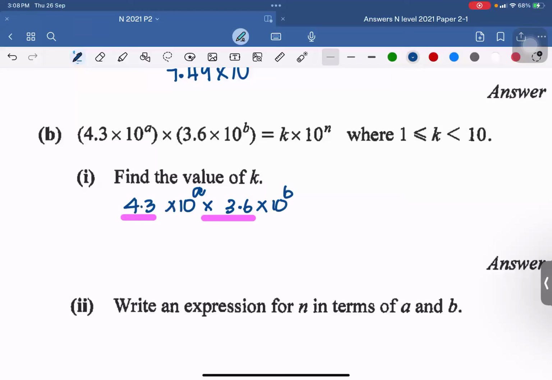Can you all calculate for me 4.3 times 3.6? What happened? What is the answer? The number? What do y'all get?